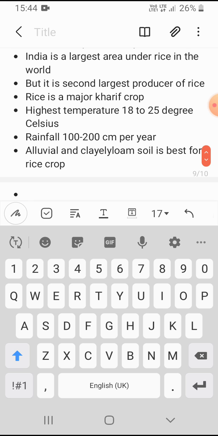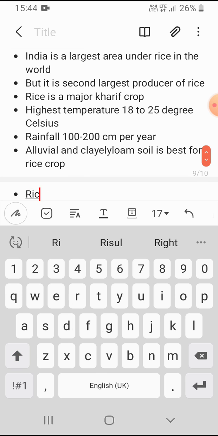Rice is grown in almost all the states of India.